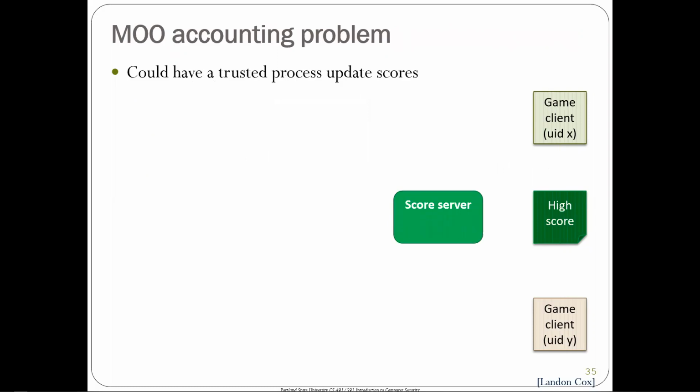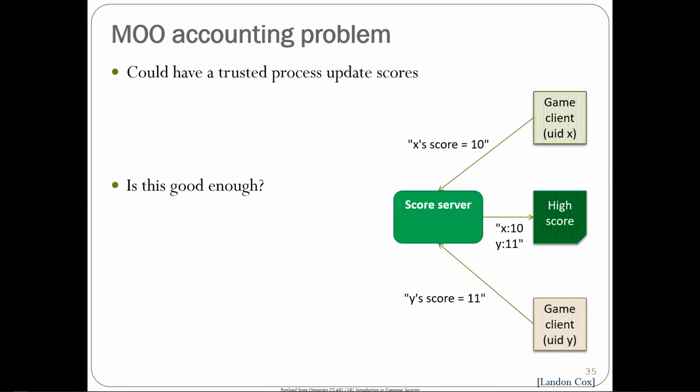So one of the common ways to solve this problem is to use a trusted third party in security. You can have a trusted process, and only that trusted process is going to update this high score file. I'm going to mediate the update to this file, so players report their scores to me, and then I write this to a file. But is this good enough?